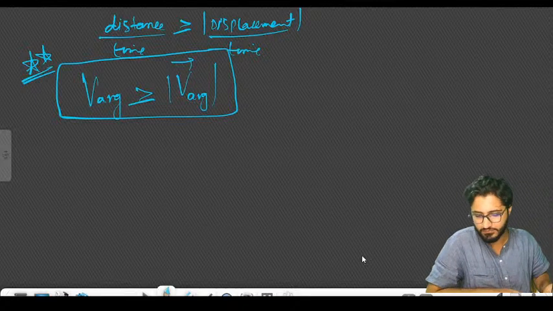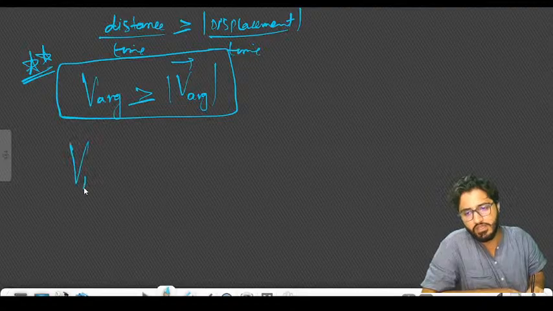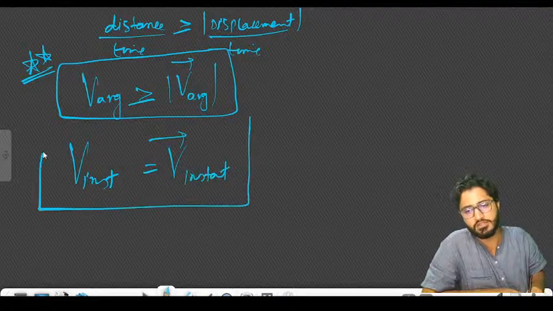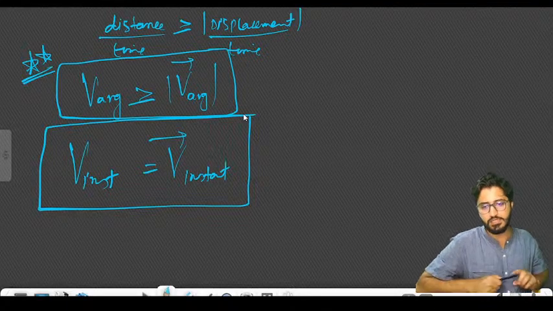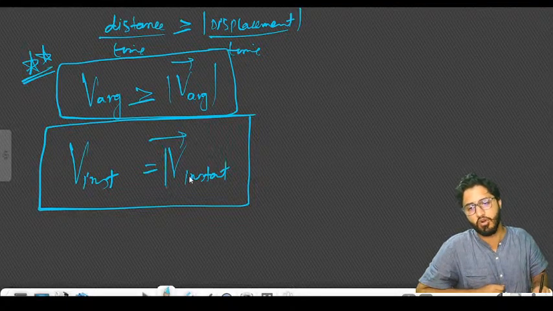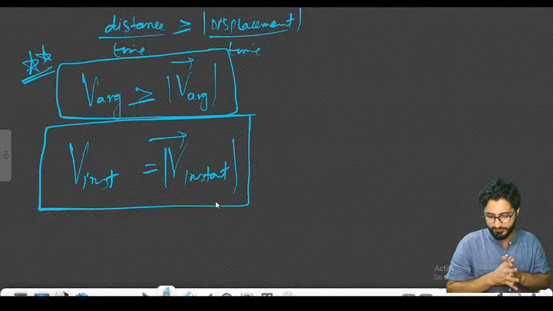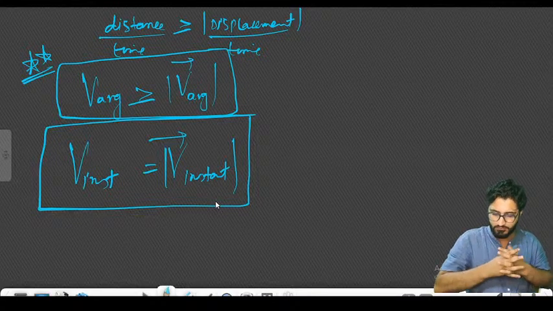And v instant is equals to v instant. That means the magnitude of instant velocity, the mode of instant velocity, and the instant speed both are equal. Done.